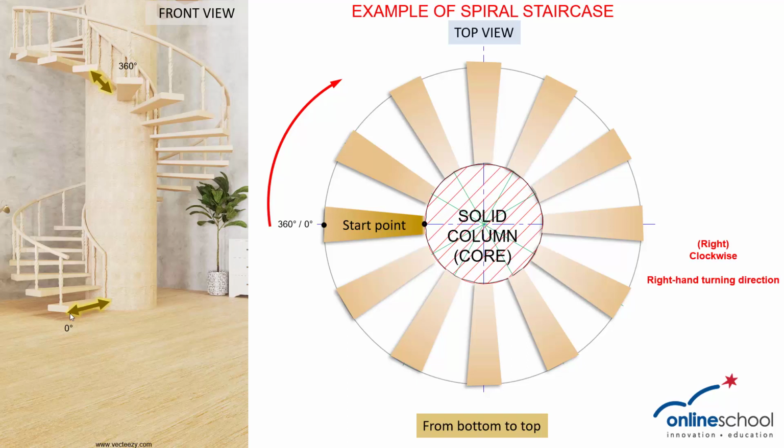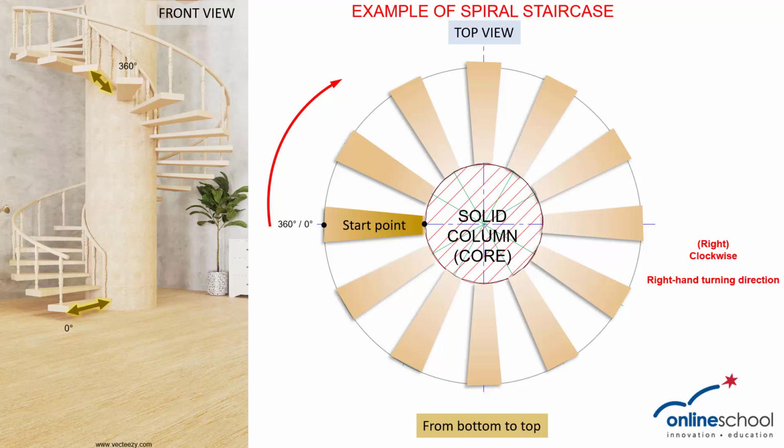Sometimes the column or the core will be visible, and sometimes you will see that it says that the core or the column is not visible. Therefore, if the column is visible, we will cut the column on the top view and hatch it at an angle of 45 degrees. And if the core is not visible, we will just leave it out and draw in the inner diameter of the steps.